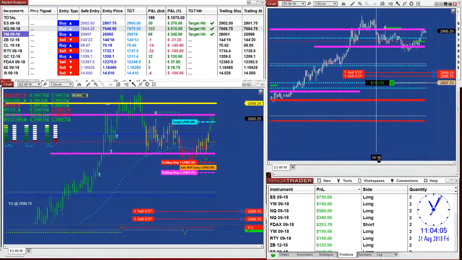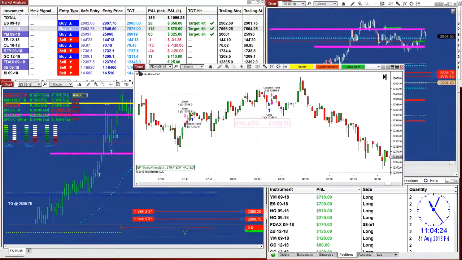Every day I show my DAX, and every day I tell you how much I made on the DAX, and I use the 1 minute. This is my performance today on the 1 minute DAX. I'm in the hole $1,164.